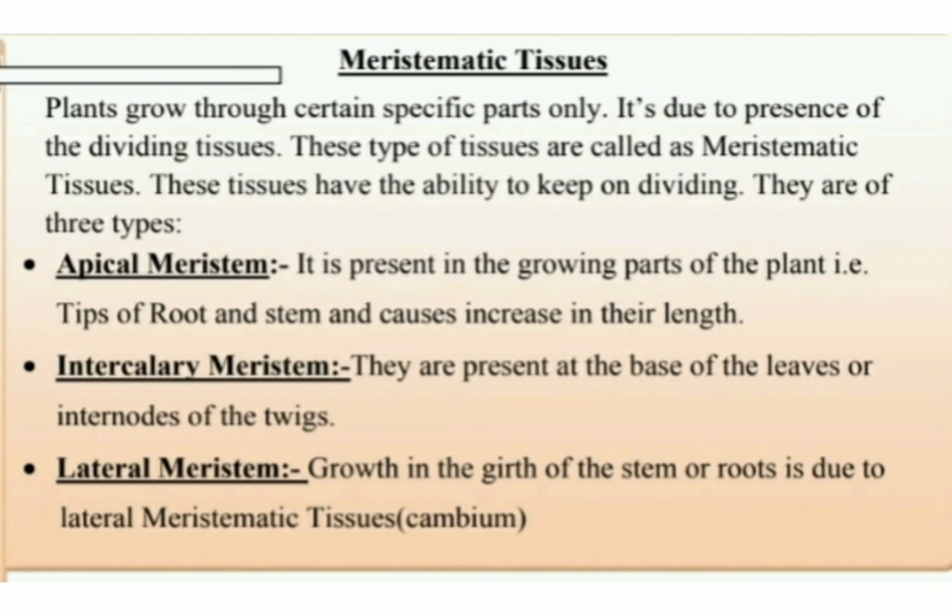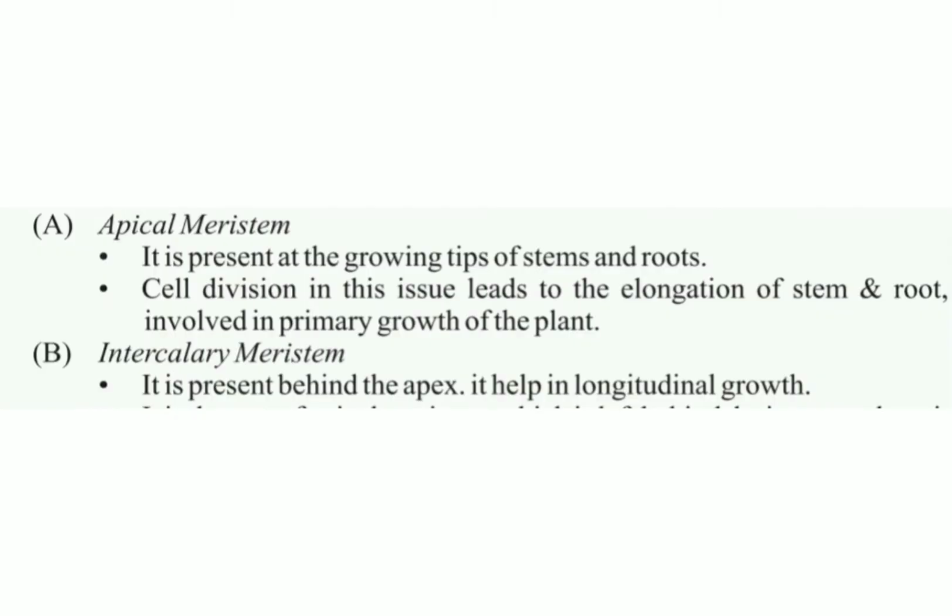Third is the lateral meristem, which helps to increase the girth of the stem or roots. Due to this meristem, there is an increase in width, that is, in the radius of the plants. So these are the three types of meristematic tissues present in plants.